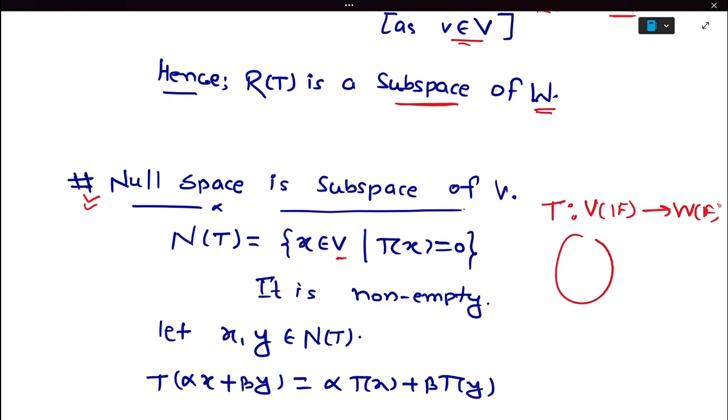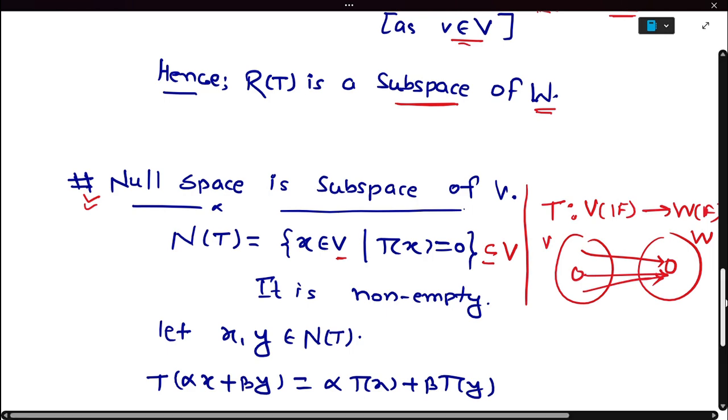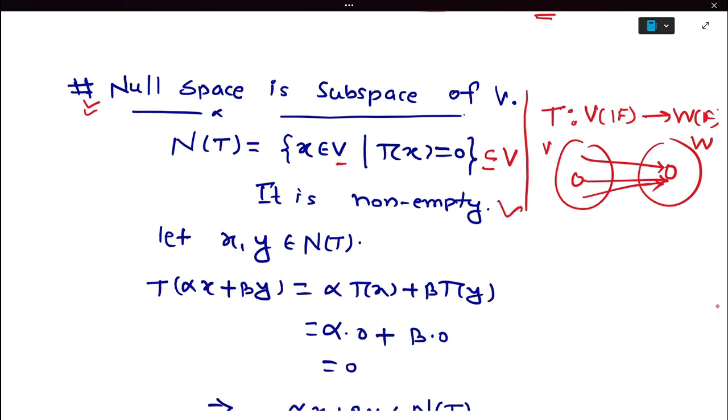If this is V and this is W, then we choose all those elements such that their images will be the zero vector. So it is a subset of V. It is non-empty because the zero vector always has image 0, which we have proved.